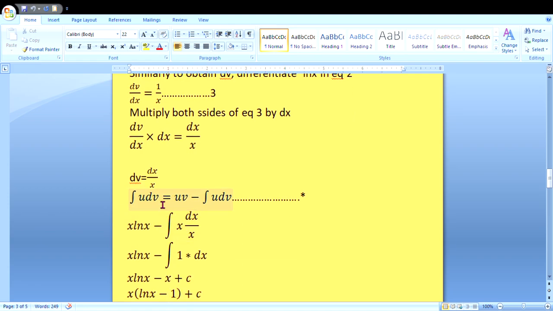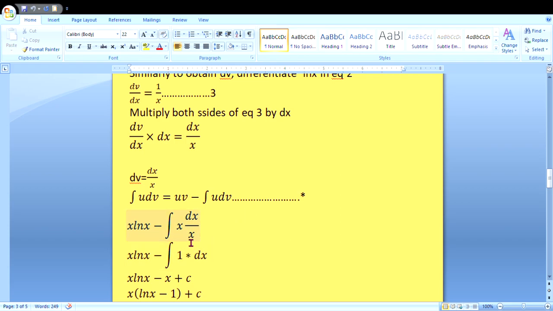Now, if we substitute the u, v and du into the expression, here we have our u is equal to ln x and v is equal to x. So x times ln x minus the integral of v du, and our v is x and du is dx over x.